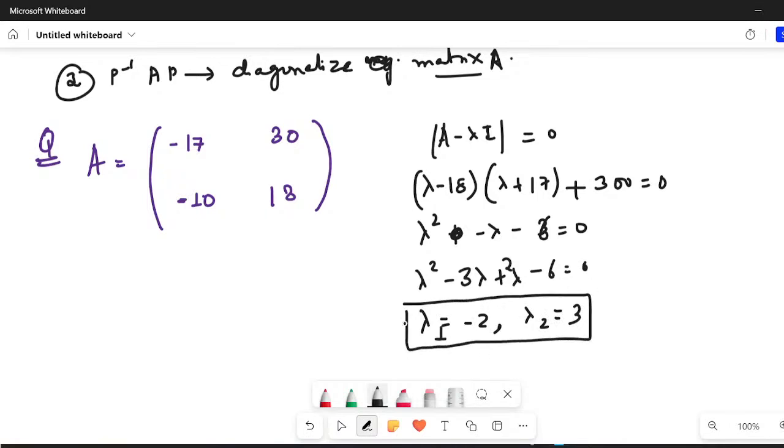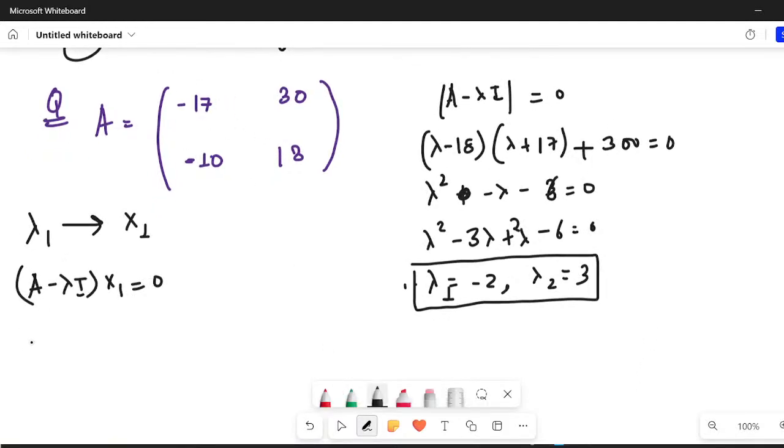Corresponding to it, we have to find the eigenvectors. So I have to find an eigenvector corresponding to lambda 1, and corresponding to lambda 2 also I have to find an eigenvector. Once I know the eigenvectors, I can construct the matrix P. So corresponding to this one, I have the eigenvector, let's say x1. So A minus lambda I x1 is equal to 0.